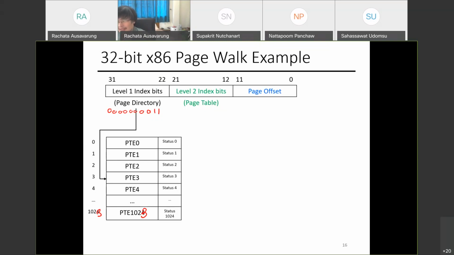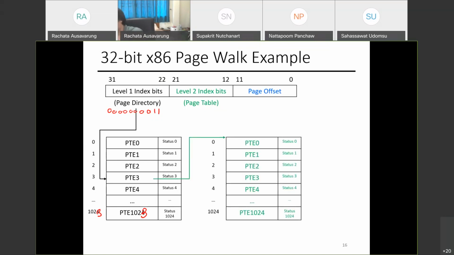And now what happened is, whatever value this PTE3 is, it would give you the base of the next table. So let's say PTE3 points to 0xFF0, this is where this new table is in DRAM. It starts at 0xFF0.